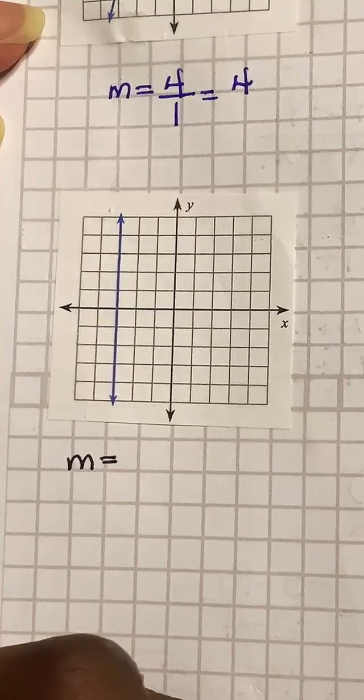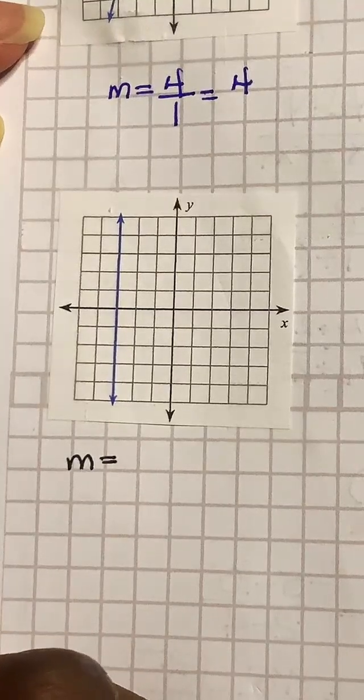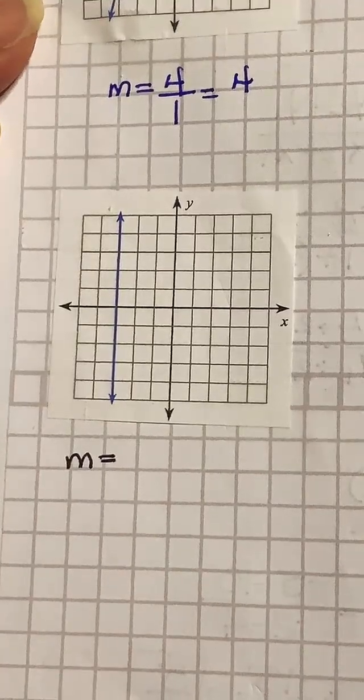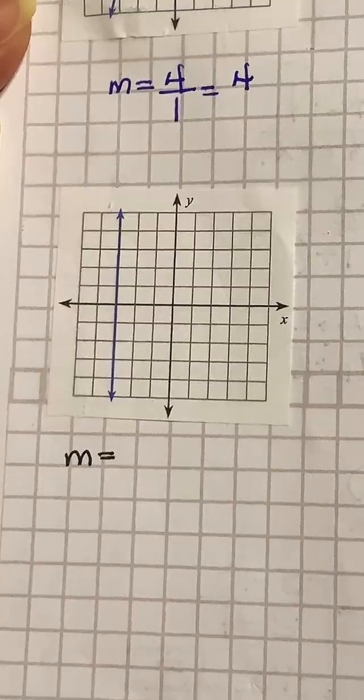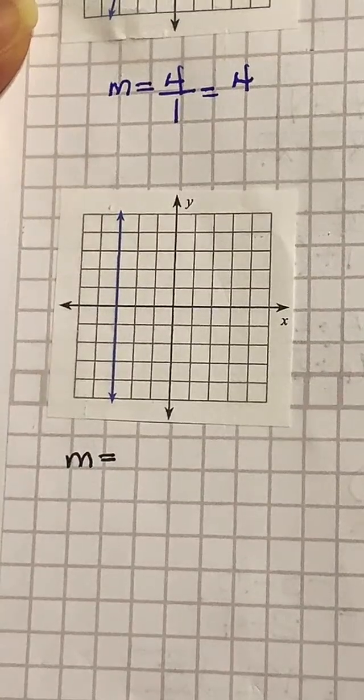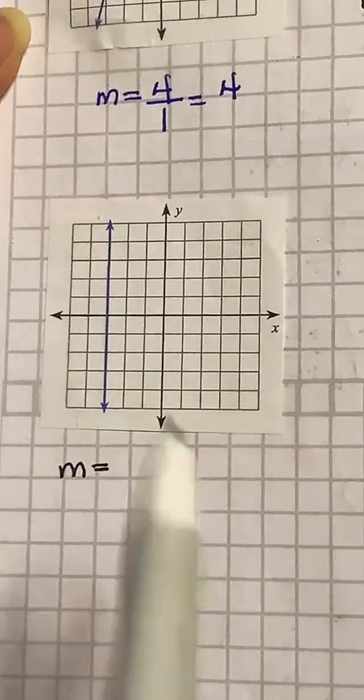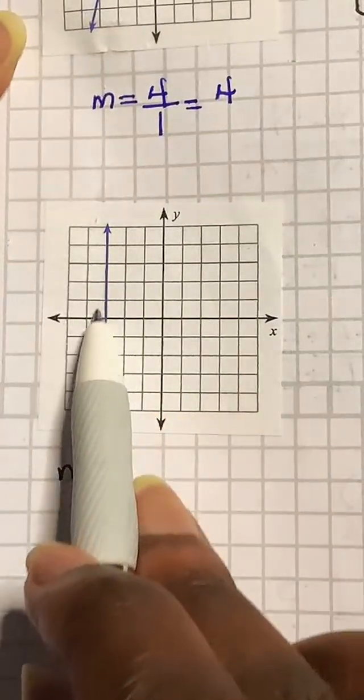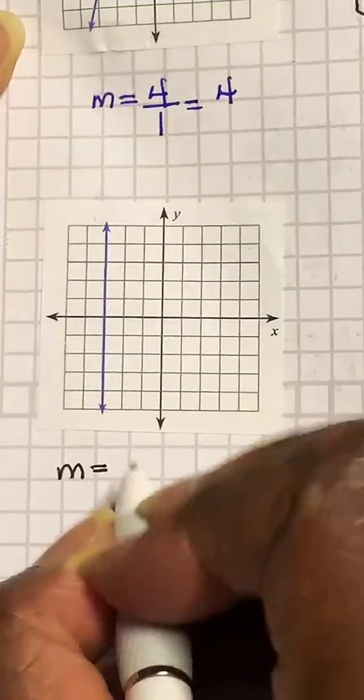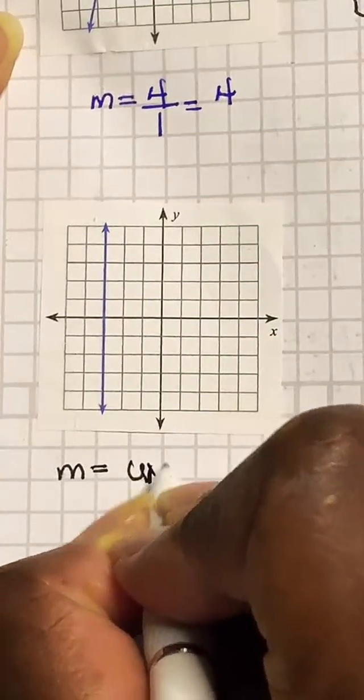All right. So, yes. Okay, so that'll be undefined. Cody, undefined. All right, so when it is a vertical line, it's undefined.